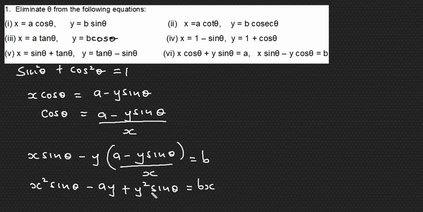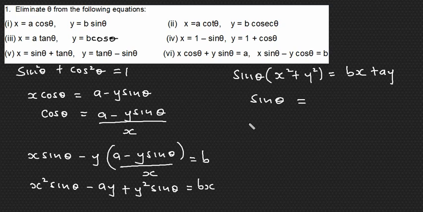Now when we factorize sine theta, here we shall remain with x squared plus y squared equal to bx. Then I take this the other side, that is going to be plus ay, meaning that my sine theta is going to be bx plus ay divided by x squared plus y squared.